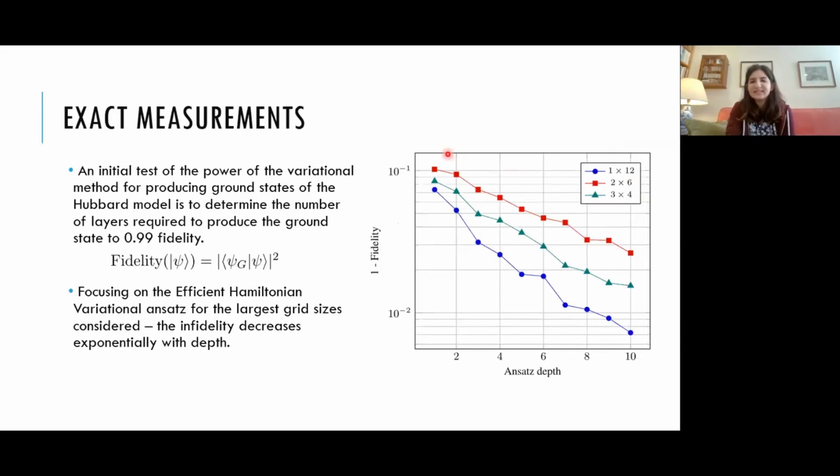You can see how the infidelity decreases with the ansatz depth. This is a good sign. It shows that as we're adding depth, it isn't futile. It is improving our results, which is what we'd hope to see with this ansatz.